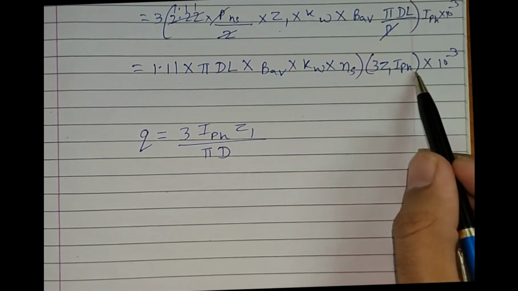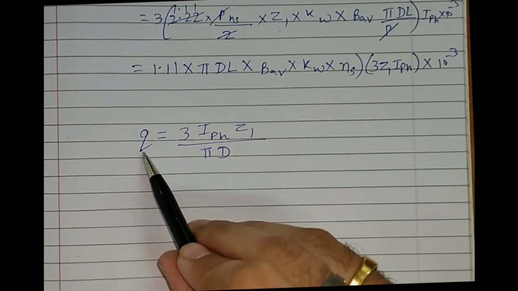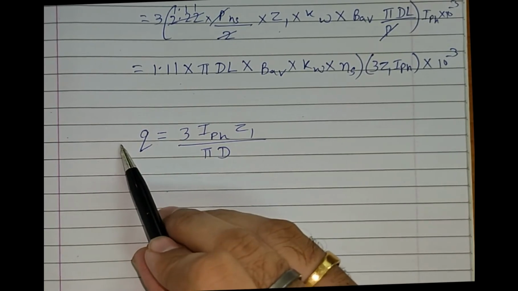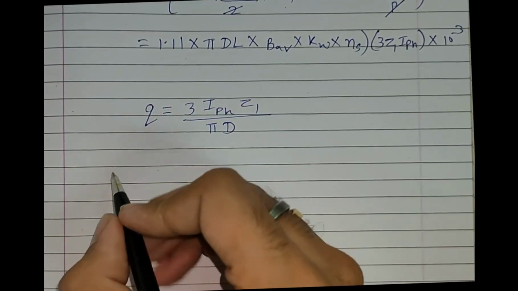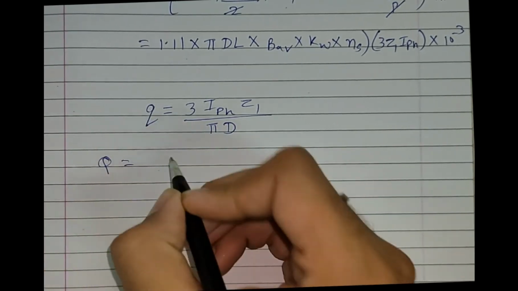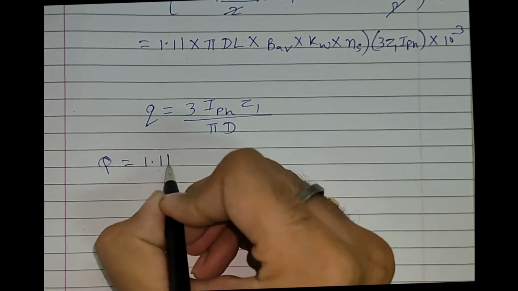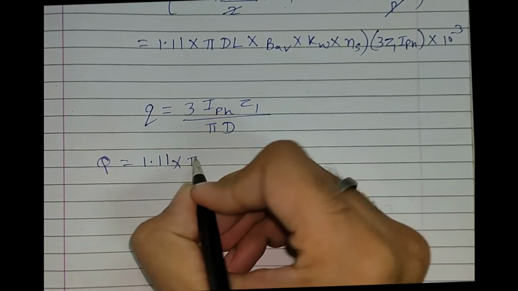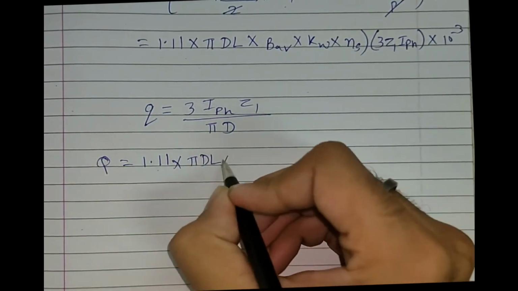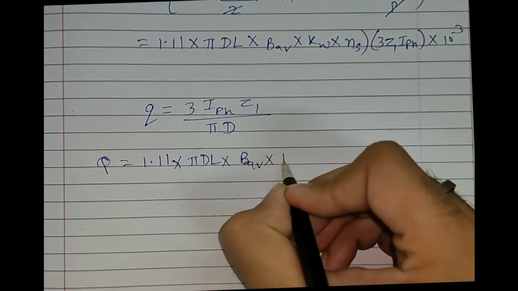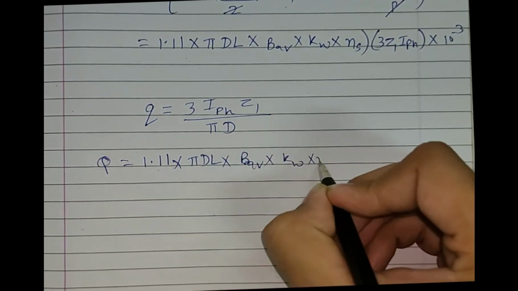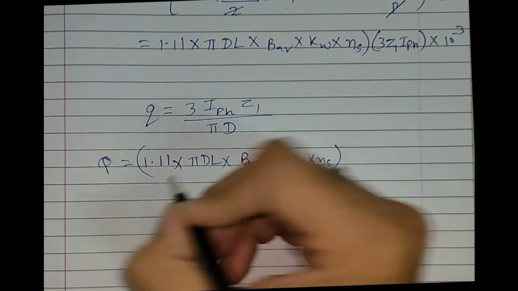So this can be substituted by q, and the pi d gets into multiplication. So I can write my capital Q is equal to 1.11 multiplied by pi dl multiplied by BAV multiplied by KW multiplied by small ns.